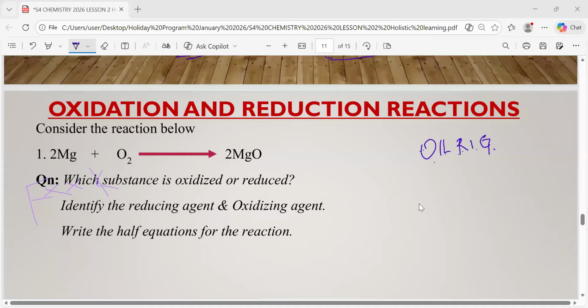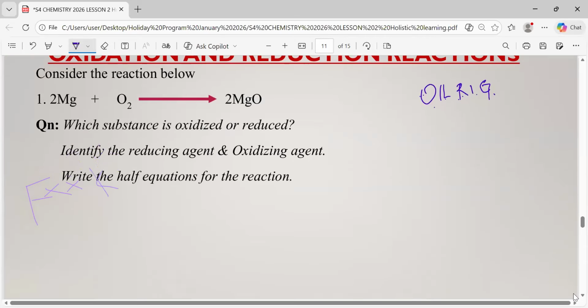It's saying which substance is oxidized or reduced. Identify the reducing agent and oxidizing agent. Write the half equation for the reaction. So those are three things we are going to learn. So the equation is here.